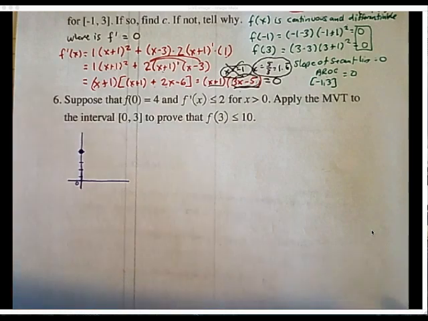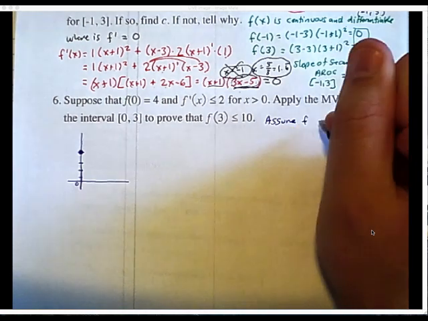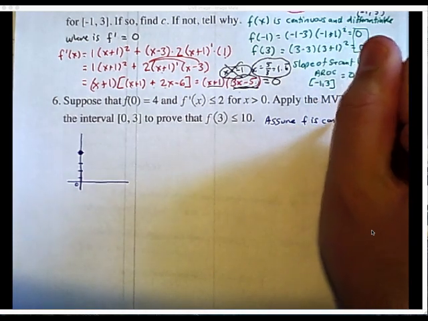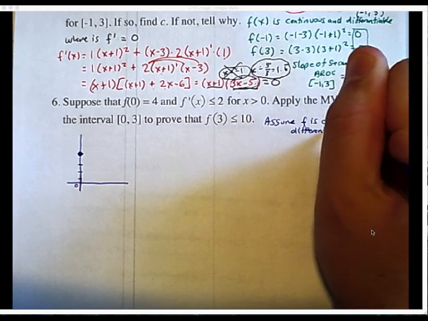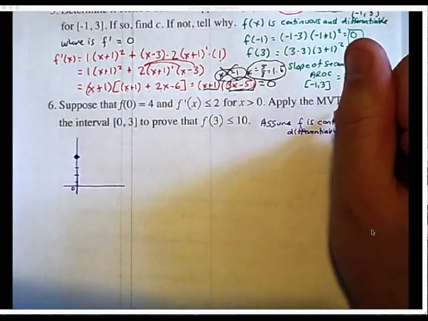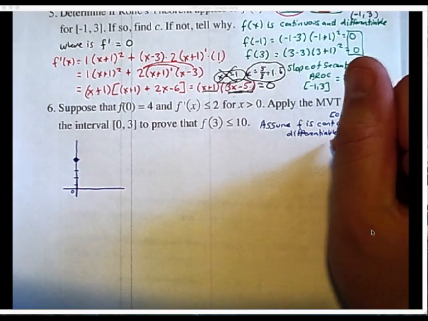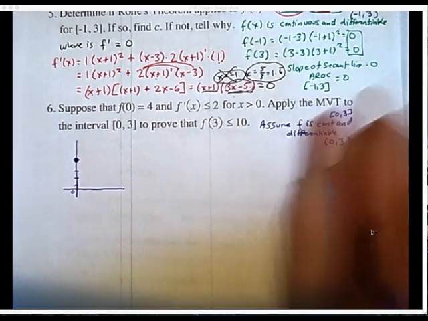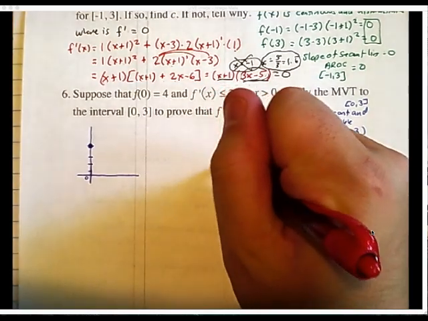All right, so we have to make an assumption here. We have to assume f is continuous and differentiable. It's continuous on the closed interval 0 to 3 and differentiable on the open interval 0 to 3. So what does the MVT say?